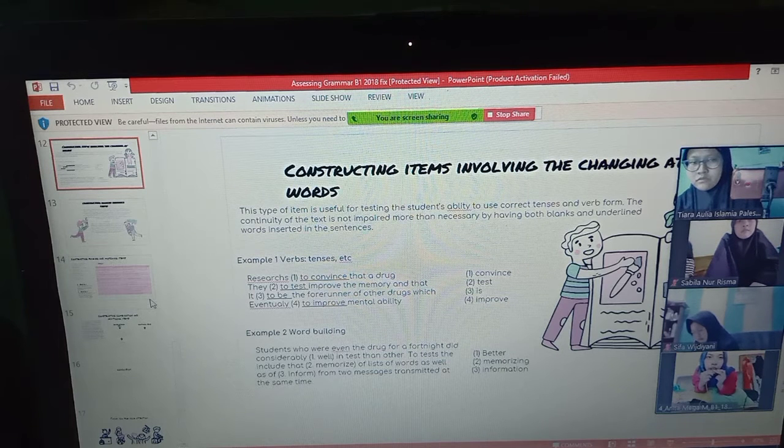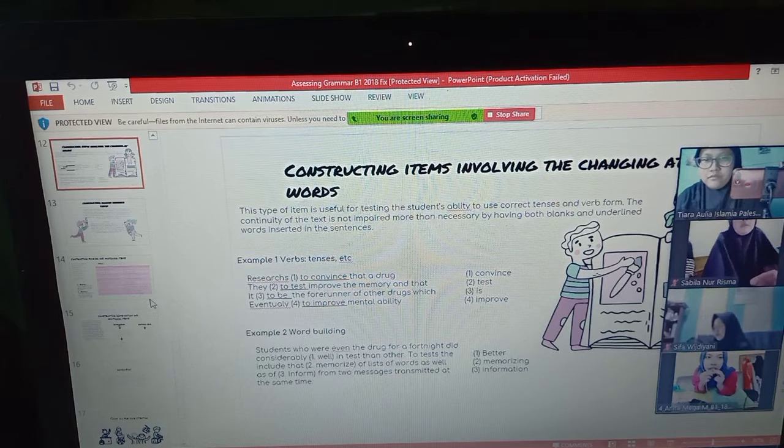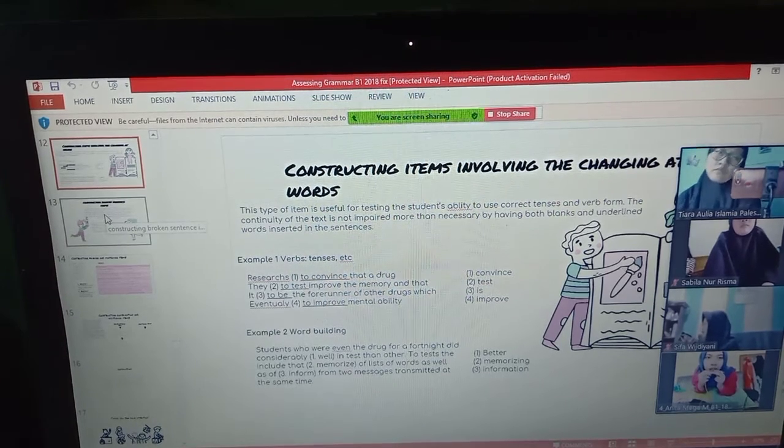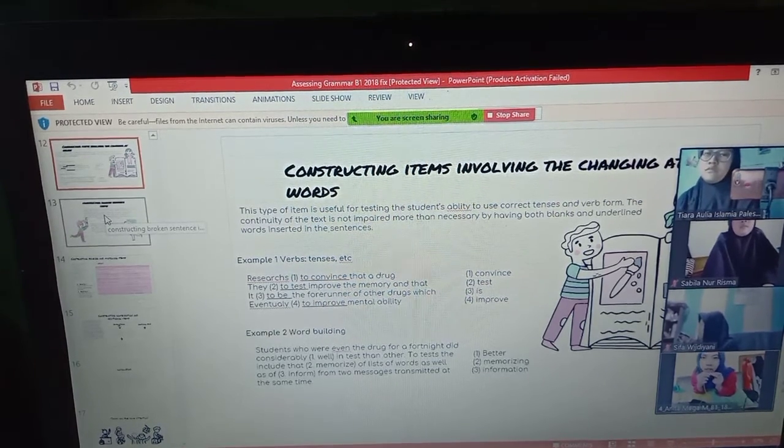Students who were given the drug for a fortnight did considerably better in the test than others. Jadi well diganti jadi better, memorize diganti jadi memorizing, inform diganti jadi information.